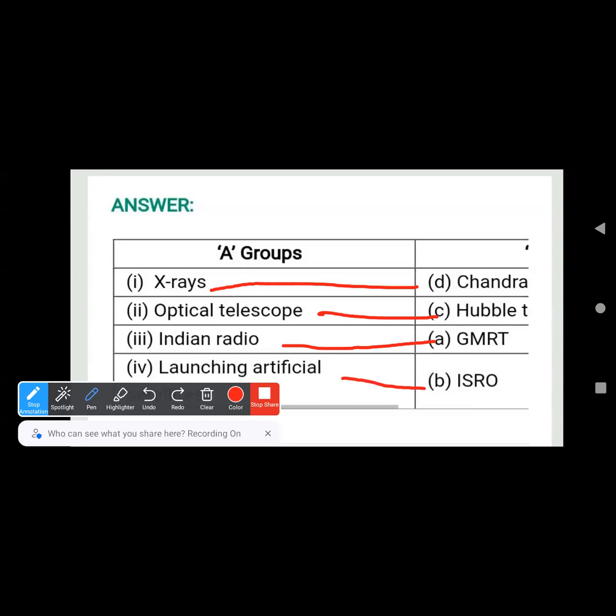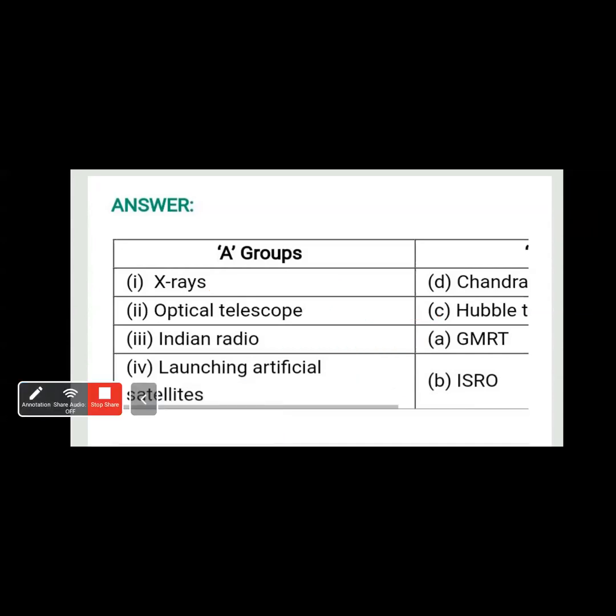It is the organization that is called ISRO, Indian Space Research Organization. Okay. So take the screenshot. X-ray, Chandra Telescope, Optical, Hubble, Indian Radio, GMRT, and launching artificial satellite ISRO.